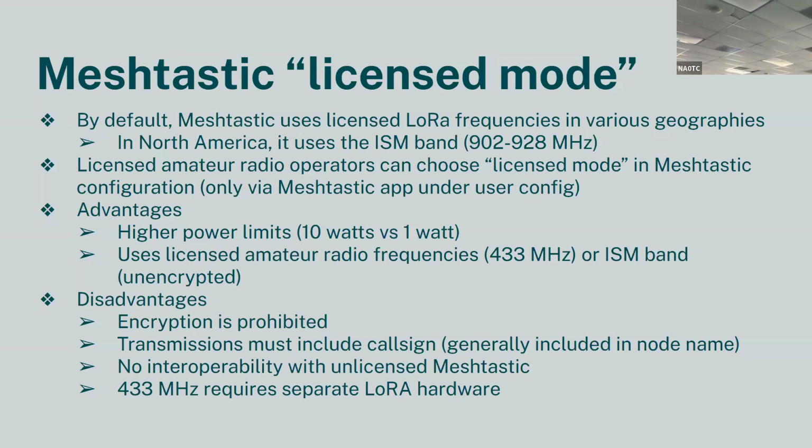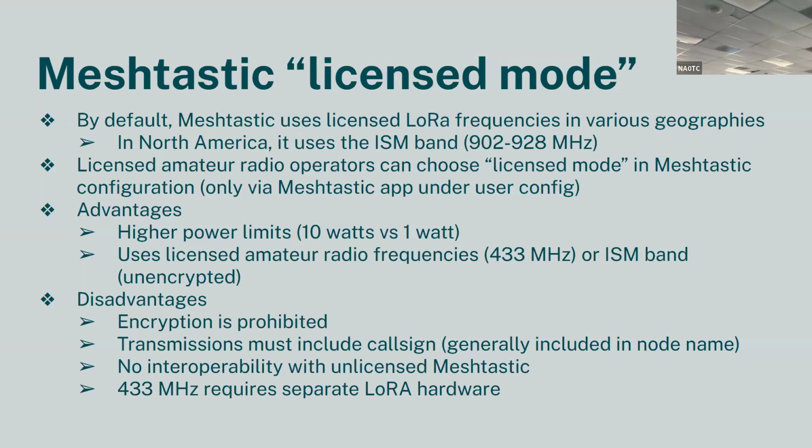And as I mentioned, it'll use the licensed frequencies, but you cannot use encryption, right? Because it's ham radio, so you have to turn encryption off. You have to include your call sign, which you just put into the node name. And then when you have licensed mode turned on, by default every 10 minutes it sends out your call sign for FCC rules.